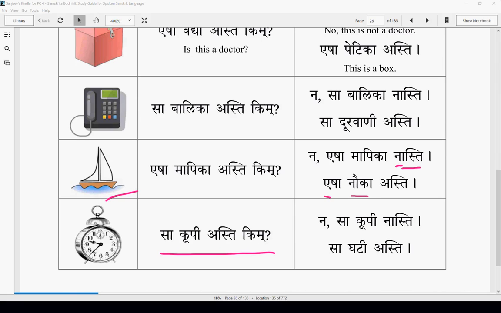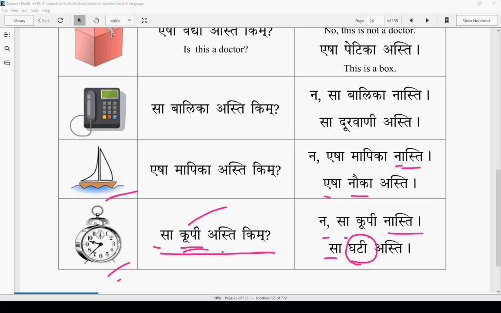Good. Thank you. And so just the dirgha, etc. should be a little bit elongated. So sa kupi, kupi, kupi, sa kupi asti kim na, sa kupi nasti, sa, and what is this one? Ghati. Ghati asti.